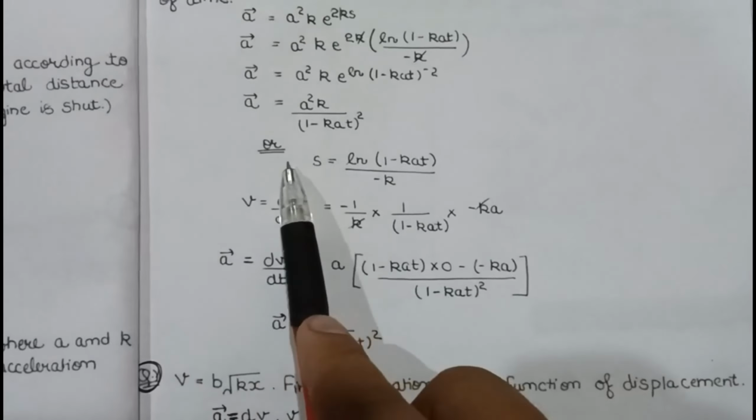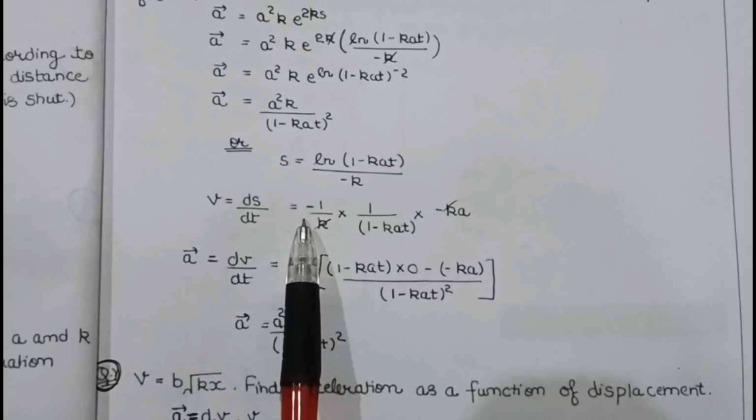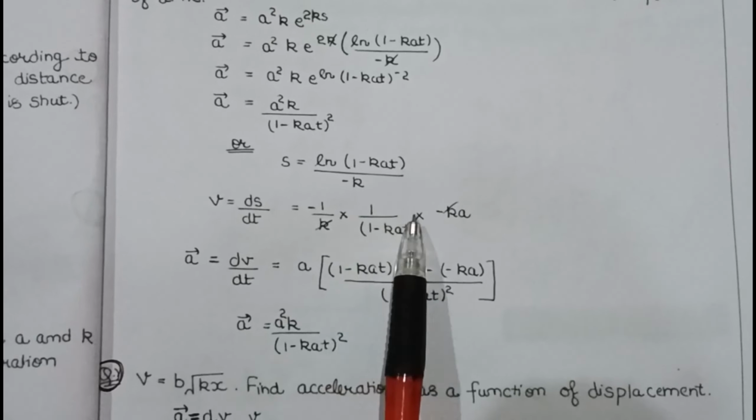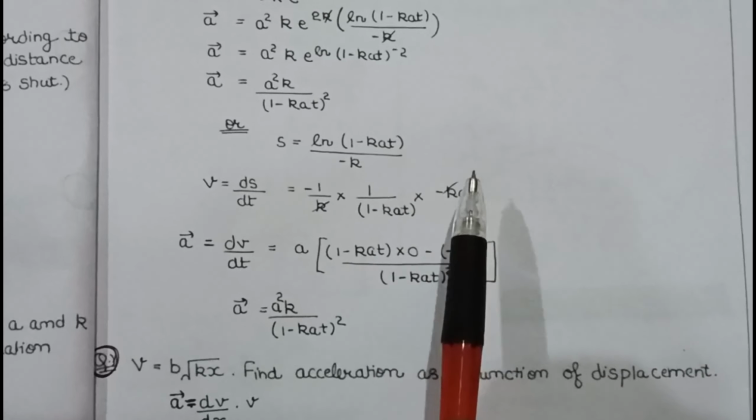An optional method for this same kind of problem: s is equal to ln of (1 minus k·a·t) upon minus k. V is equal to ds by dt, which is equal to minus 1 upon k into 1 upon (1 minus k·a·t) into minus k·a.